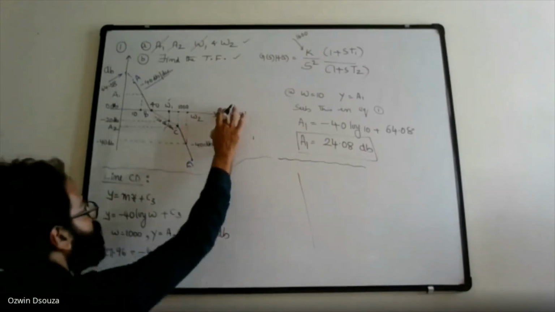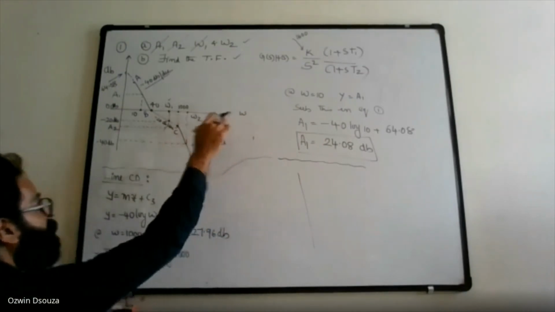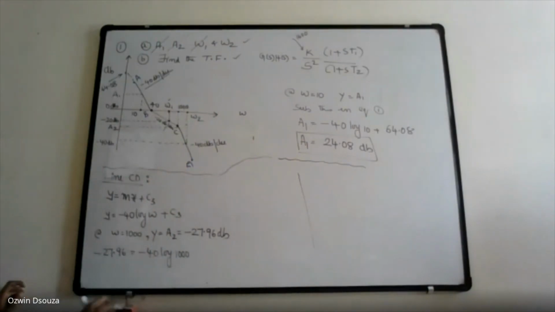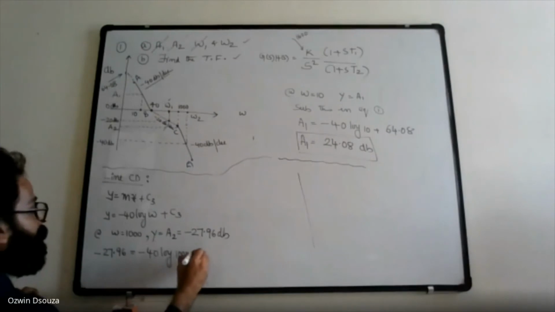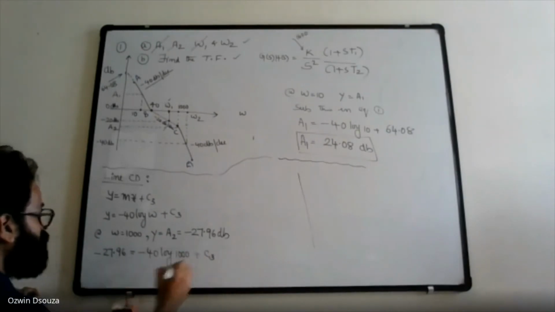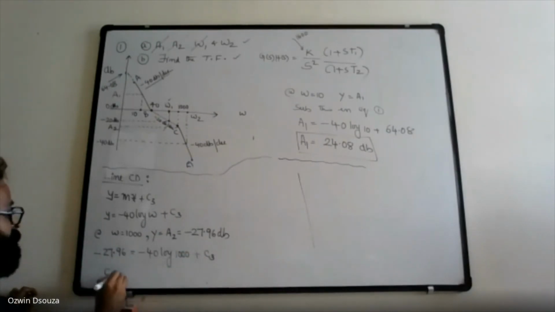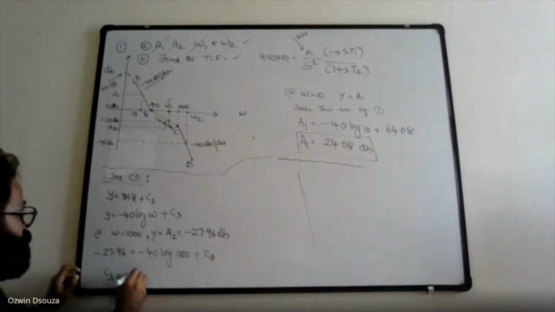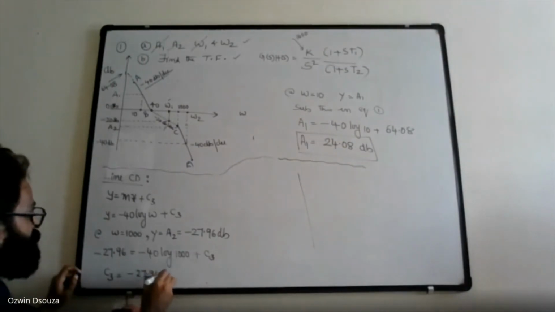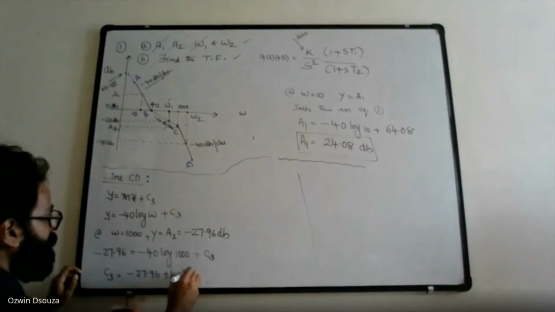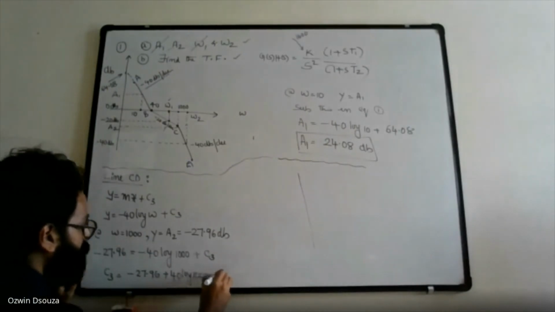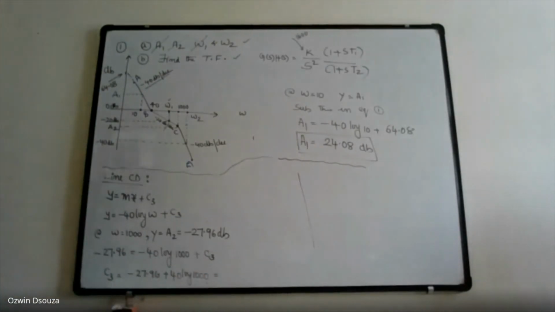Okay. The variation is logarithmic. So x-axis is omega because we express radian per second, right? Plus C3. So basically C3 is minus 27.96 plus 40 log 1000. Okay, so that is your C3.